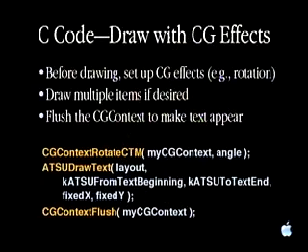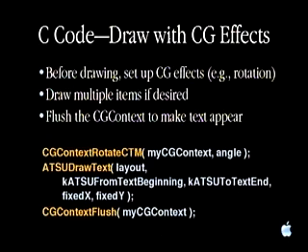Okay, and then the final thing you can do is draw it. Now, as was mentioned earlier, ATSUI is integrated with the CG context effects, and so before drawing, you could set up those effects. So if you wanted to do rotation with core graphics or any of the other effects, you would set those into the CG context. The example call here is the CG context rotate CTM.